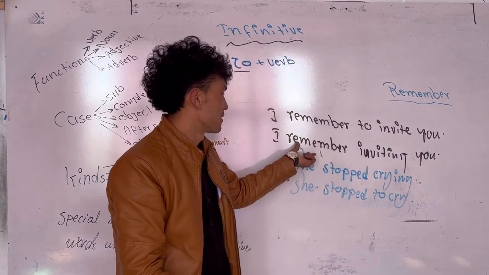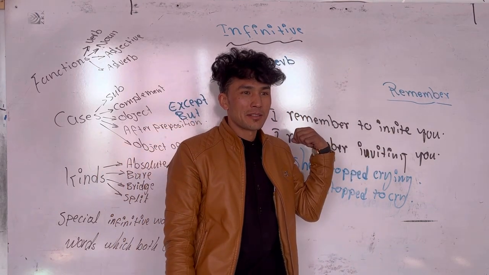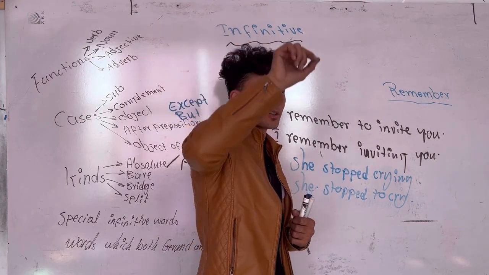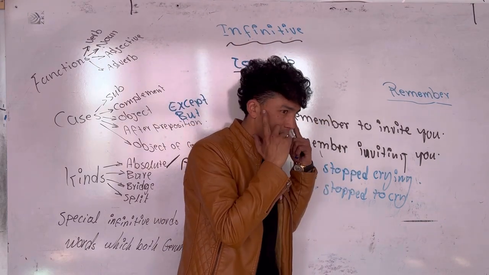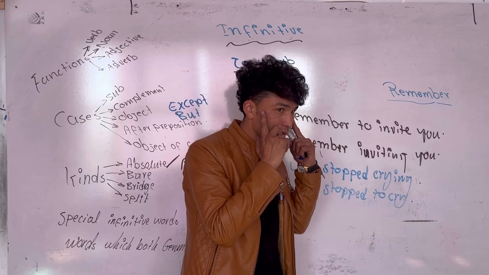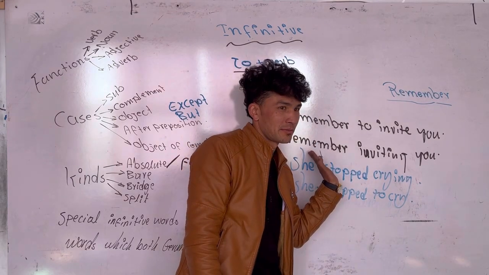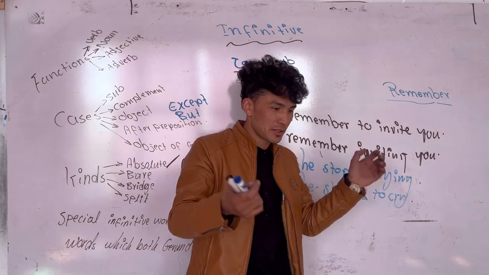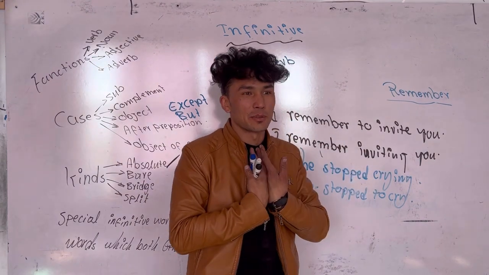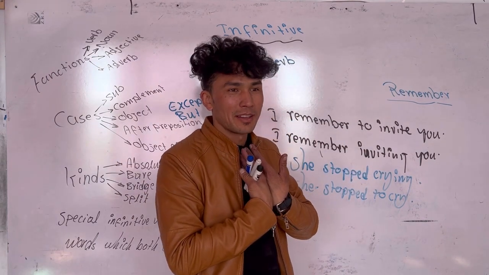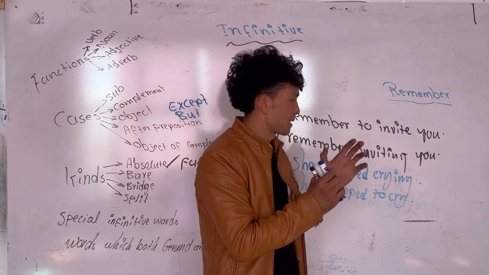That's a kind of memory. For example, last year or 2 years ago when I invited you, I still remember that. Somebody says, for example, I remember seeing you. It means I saw you 10 years ago, still I remember that. It is a kind of memory for me.